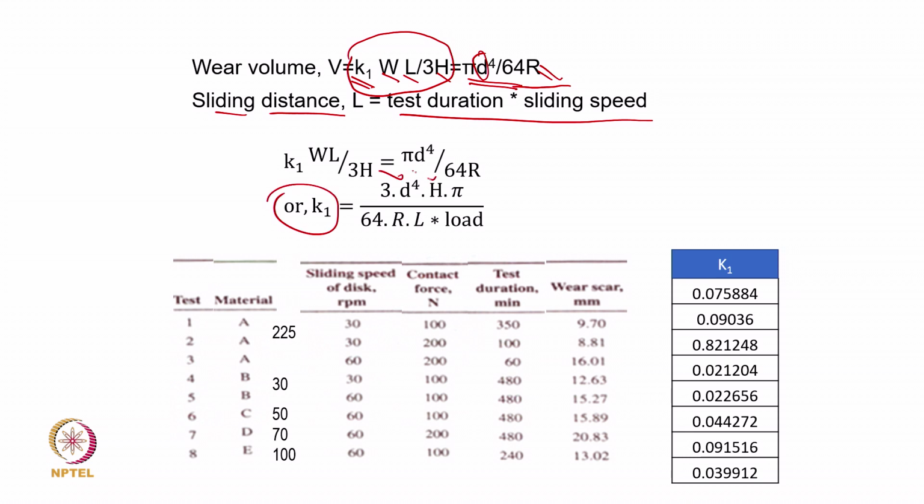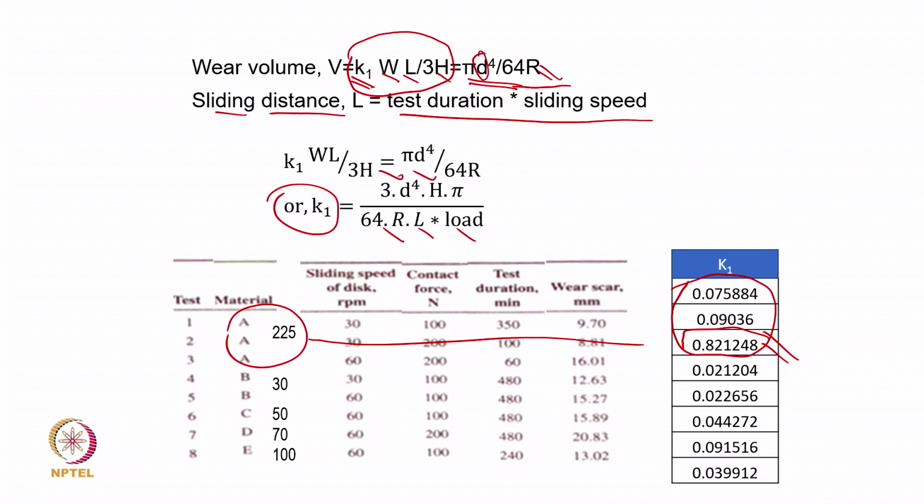Here the D is known, H is known, R is known, L is known, and load is also known to us. And when we do the calculation, this is material A, and we get all three values, and this is the worst case, 0.82. That means with the Archard equation, even though we can think of a linear relation, it is highly non-linear.